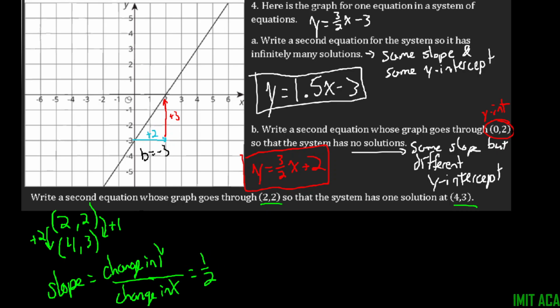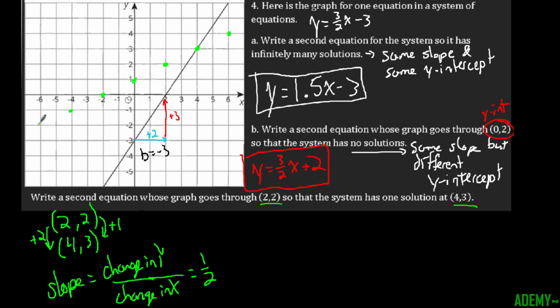And so what I can do then is come up with some points that are on this line. We know it goes to the point, let's say, where's that, 2, 2, so that's right here, and it has a solution at 4, 3, so right here. And so again, we can find our slope, and if I want to, I can mimic that pattern. I can build that staircase. I go to the right, 1 up, or if I want to go to the left, I go 1 down, and to the left, 1 down, to the left, 1 down.